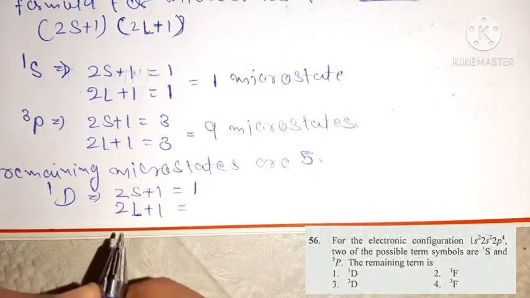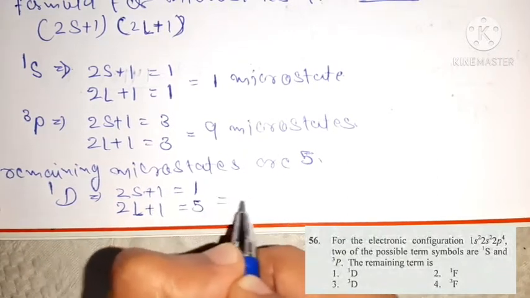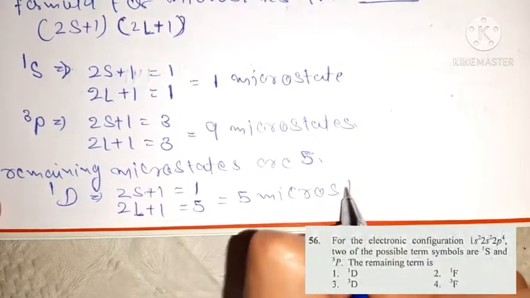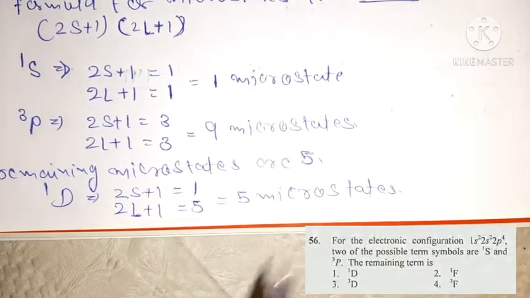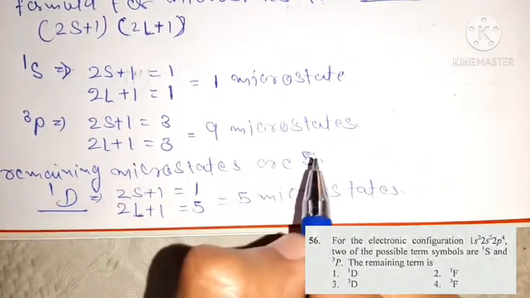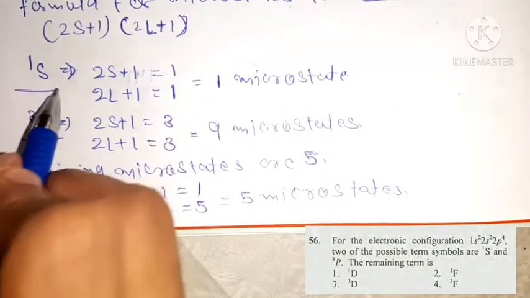So 2 into 2 is 4, and 4 plus 1 is 5, so it will be 5 microstates. So 5 microstates out of 15 are related to your 1D, 9 microstates out of 15 to 3p, and 1 microstate out of 15 to 1s.